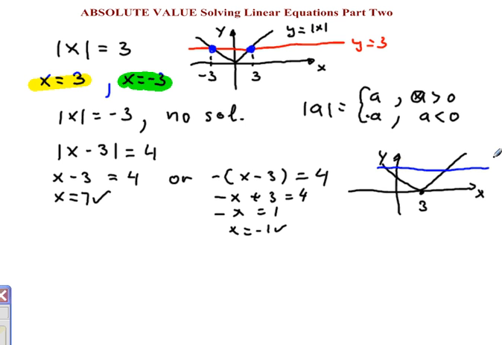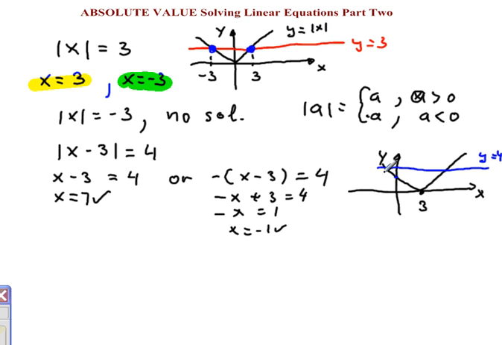So how do I know where this horizontal line goes in relation to this left branch? The y-intercept is at 3. So when x is equal to 0, the absolute value of negative 3 is 3. So this point is 3. You have to be above because you are at 4.